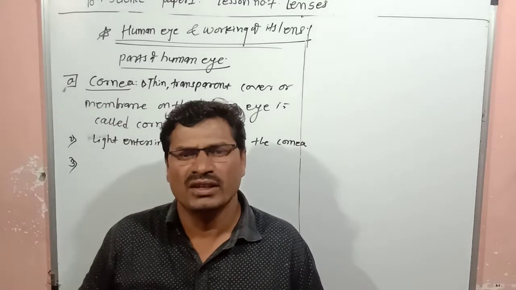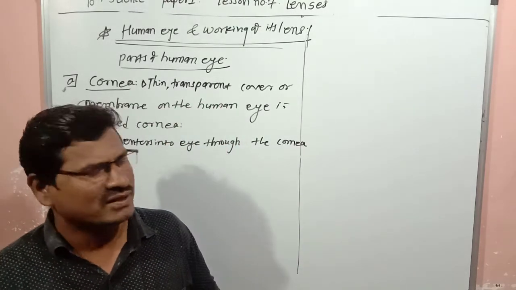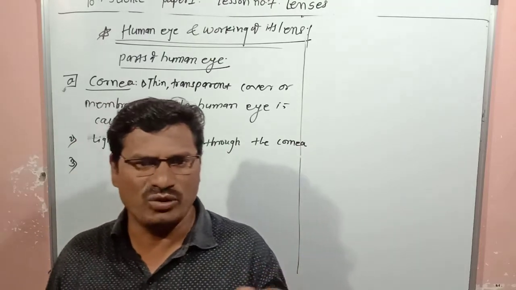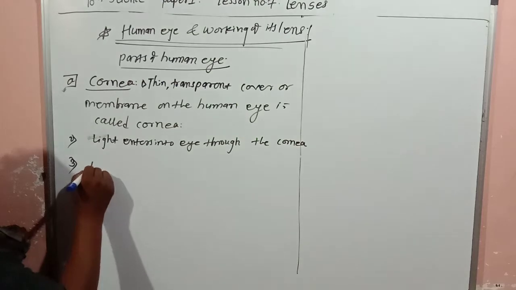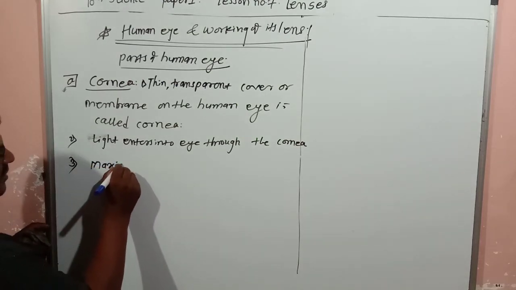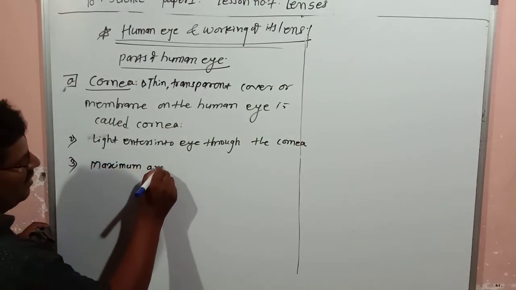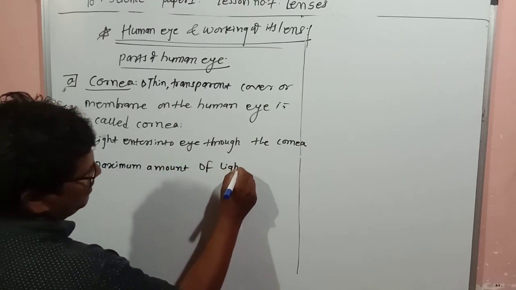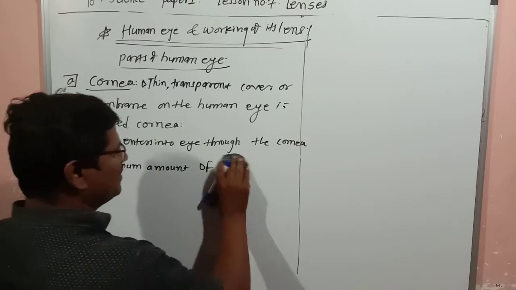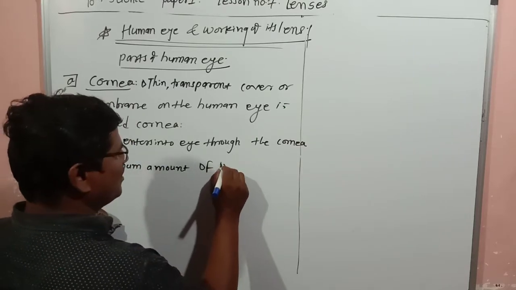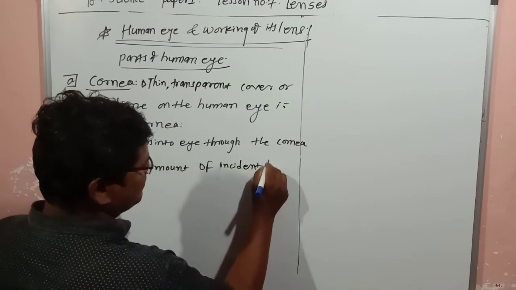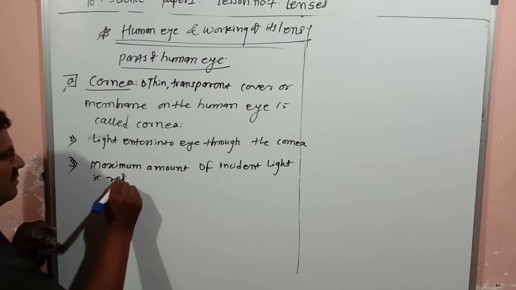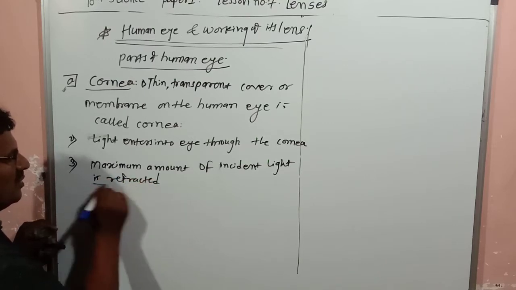Third point you can write: maximum amount of incident light is refracted into the eye at the outer surface of cornea. So what do you mean by refracted?